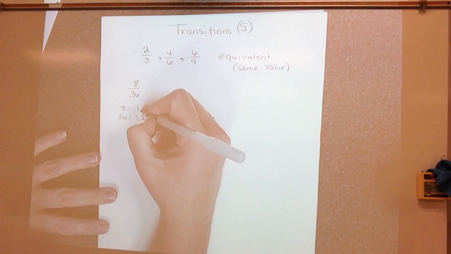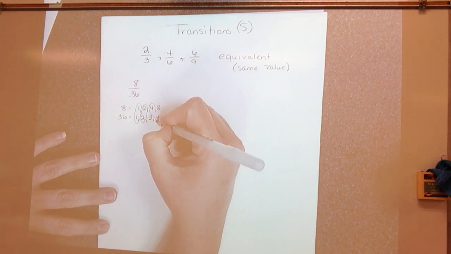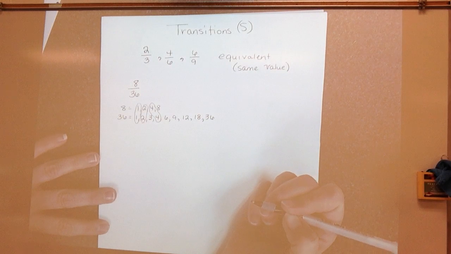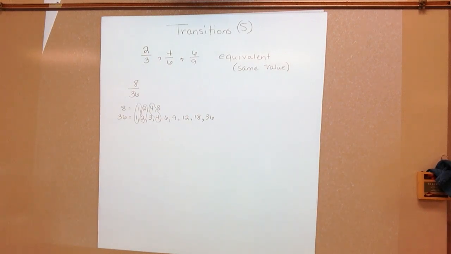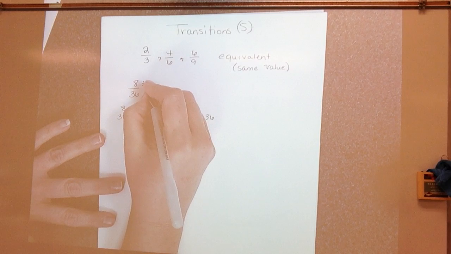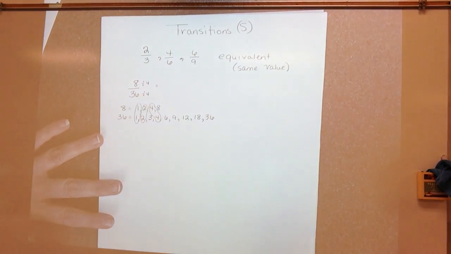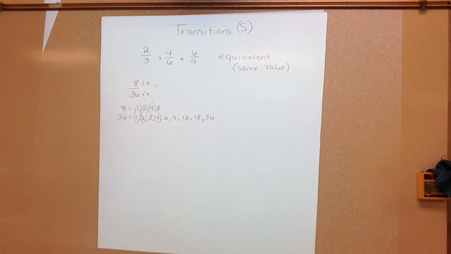So I can look at my numbers and see that they have 1, they have 2, they have 4. So I'm looking for the greatest number. 4 is the greatest number they have in common. So in order to reduce this fraction into lowest terms, I have to divide both the numerator and the denominator by 4.